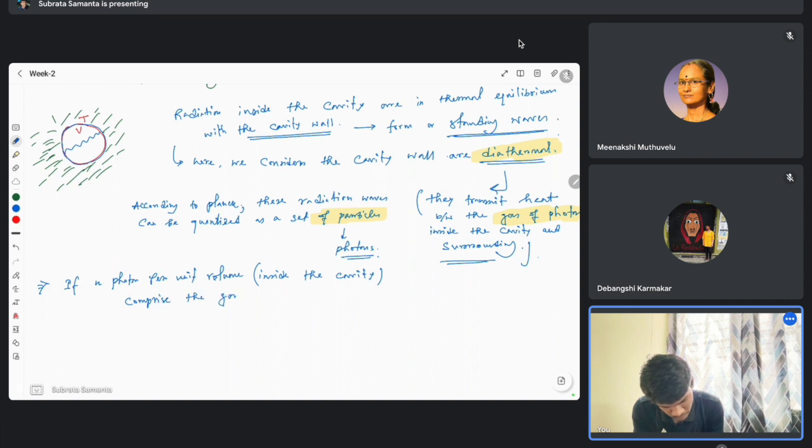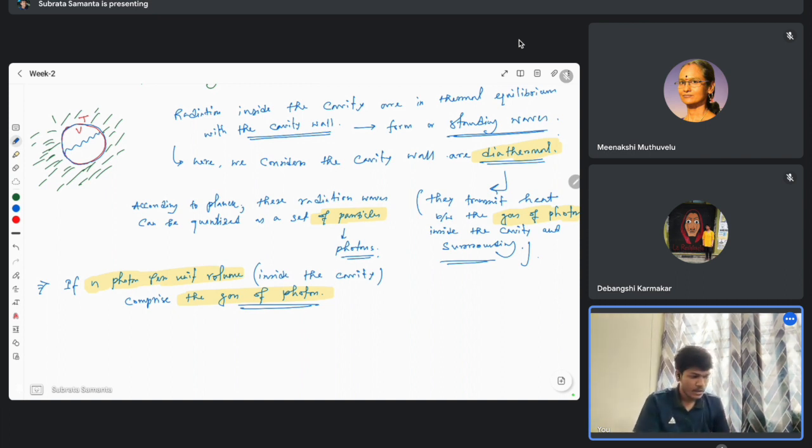And we study the thermodynamics of this photon gas.